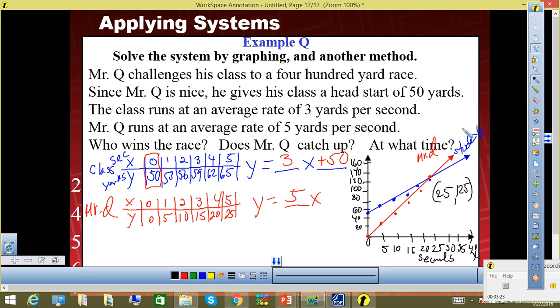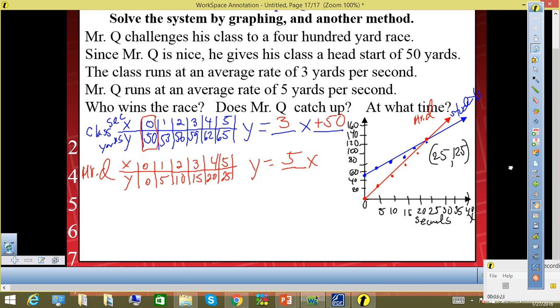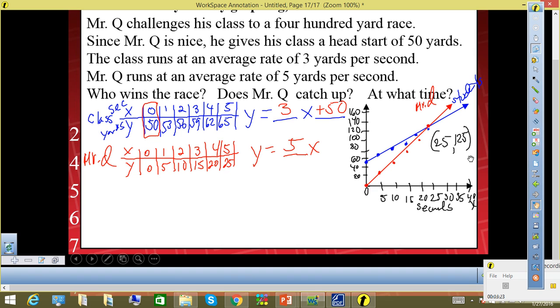Nice. Okay? So, who can elaborate for us, please? What does this point represent, and what's happening at that point?